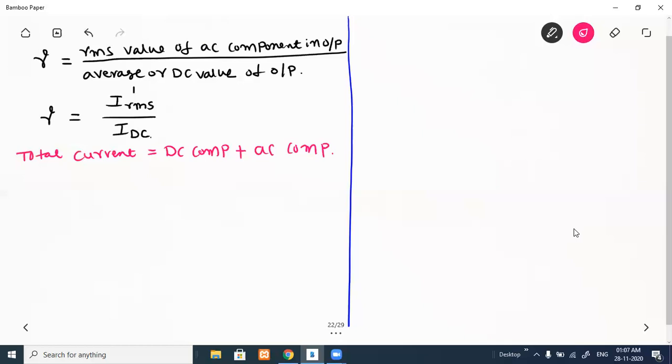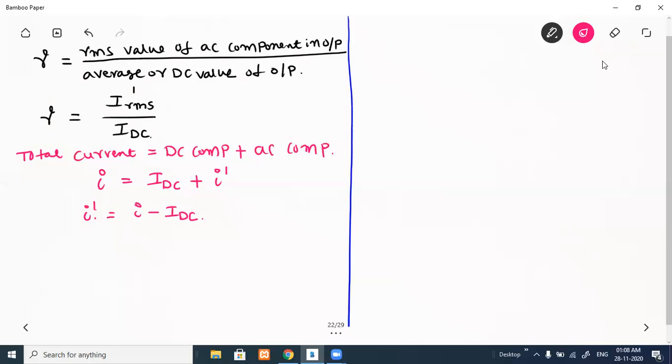So we can represent this as the total current I equal to the DC component I_DC plus the AC component, which I am representing as I dash. From this, I want the AC component, so I dash is equal to I minus I_DC. So based on that, we can easily calculate I_RMS dash. That I_RMS dash is the RMS value of only the AC component.